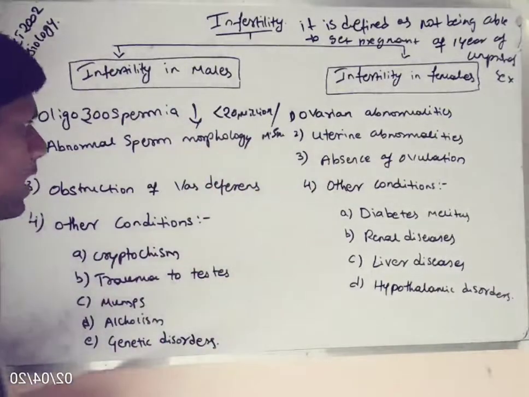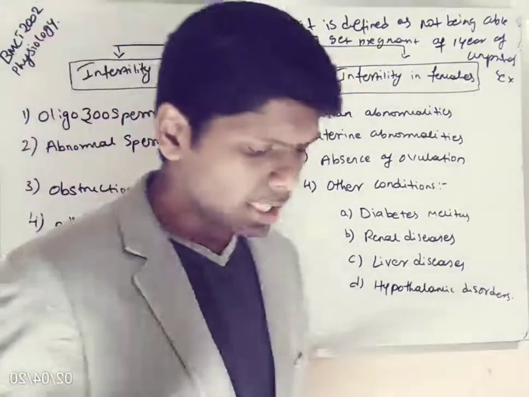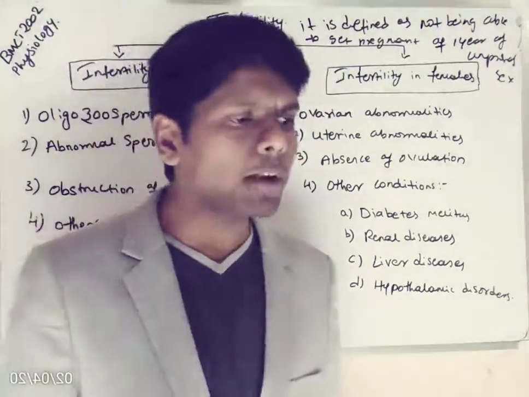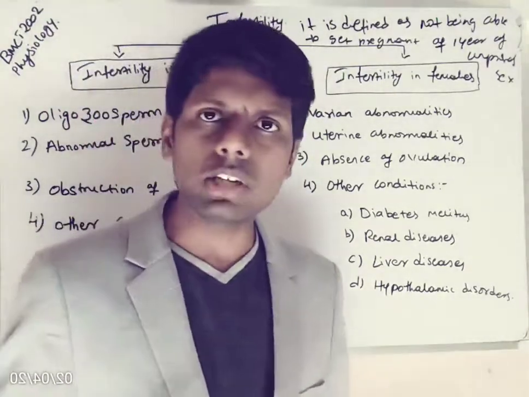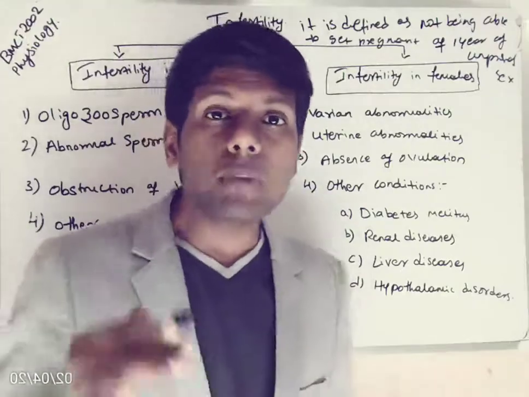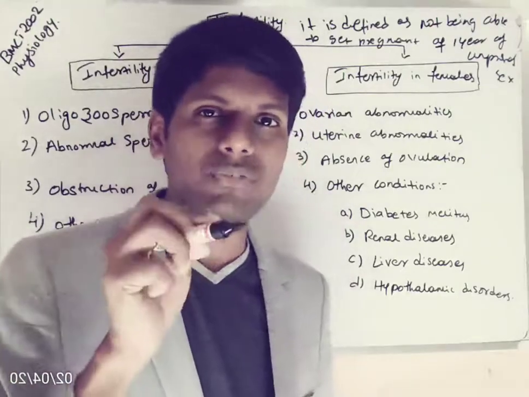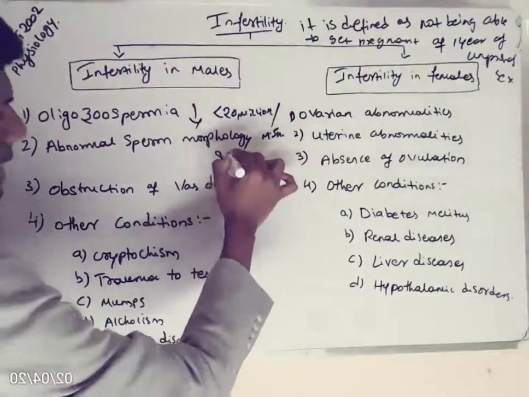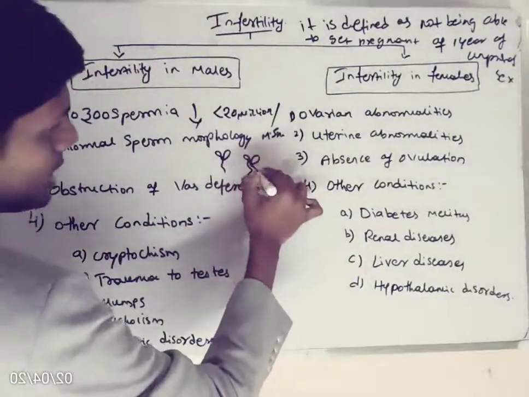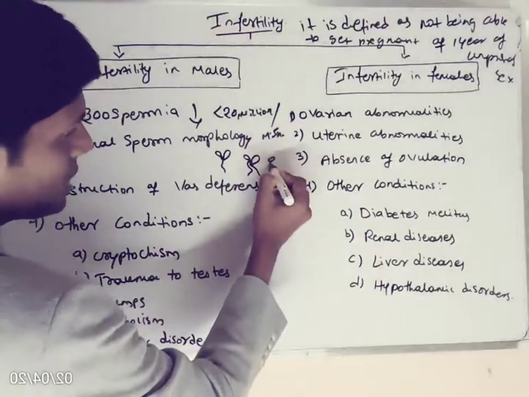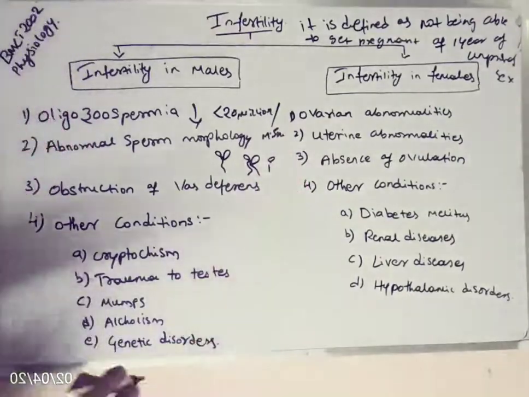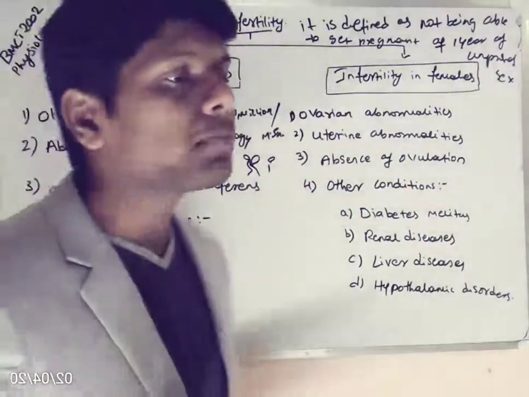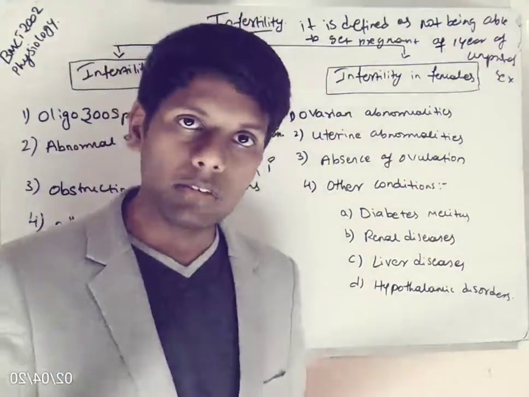Then the second one is abnormal sperm morphology. Sometimes a male will have a normal count, like 120 million sperms, but his sperm morphology is very abnormal. For example, he may have double-headed sperms, double-tailed sperms, immature sperms or immotile sperms. All these abnormal sperms can also contribute to infertility.